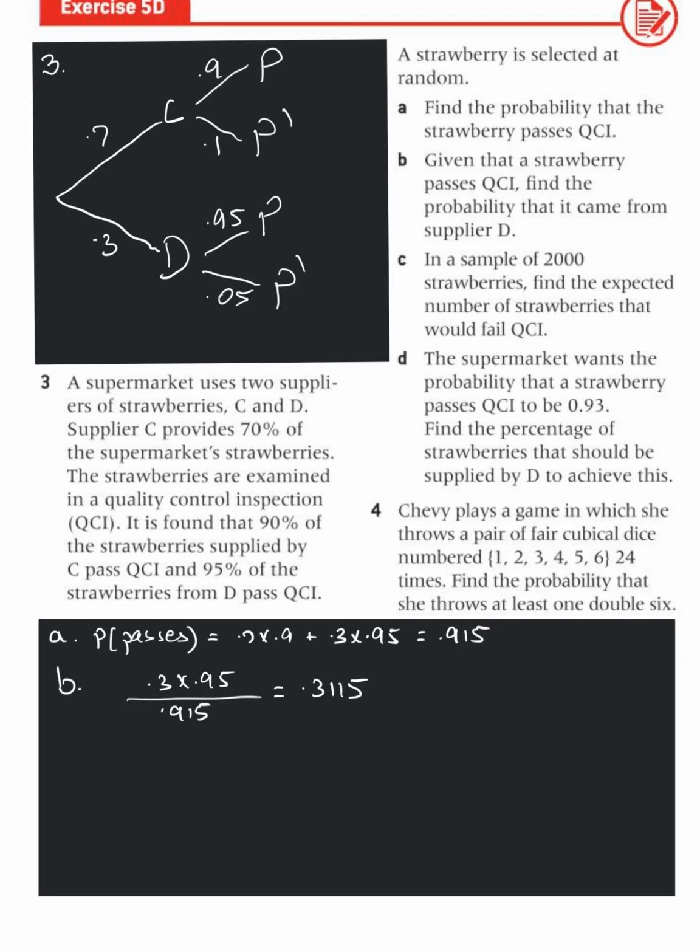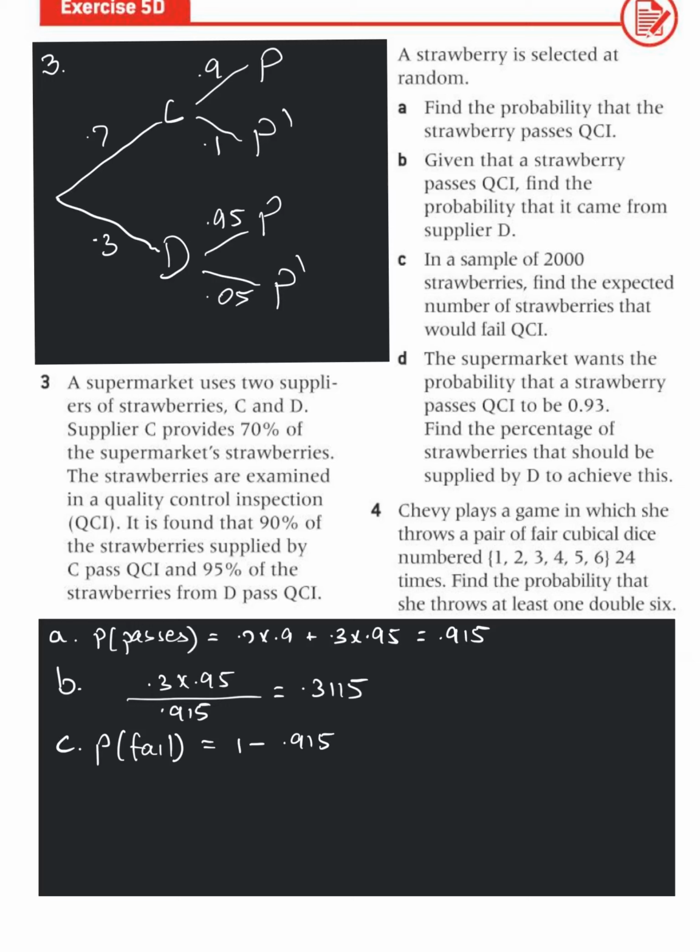Okay, and now C. In a sample of 2,000, find the expected number of strawberries that would fail. Well, A gave us the strawberries that passed, so the strawberries that fail would be P fail, and that would be 1 minus 0.915. I'm getting that from here.